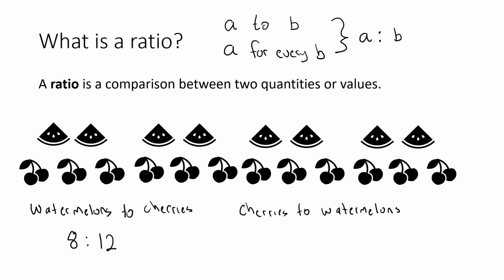There are 12 cherries, so we put 12 first, use a colon to denote the word "to," and then there are 8 watermelons. So there are 12 cherries to 8 watermelons, or for every 12 cherries I have, I should have 8 watermelons. The order does matter. It's really important when we do these problems that we read the directions to see what goes first and what goes second. So let's do a few examples.